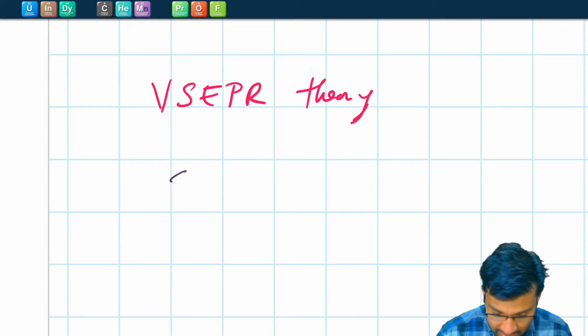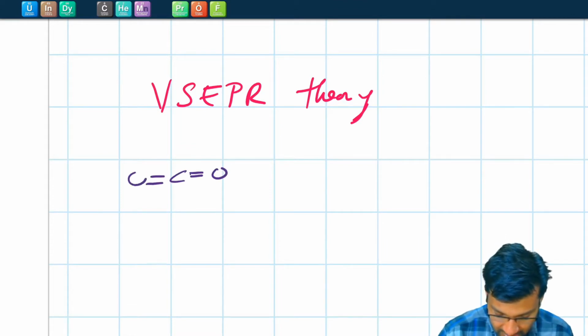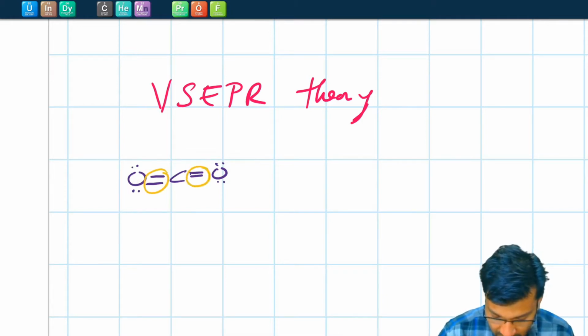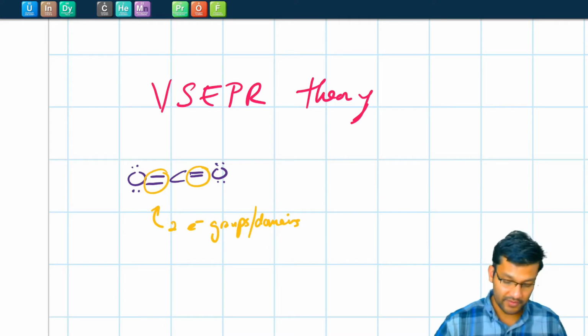For example, a carbon dioxide molecule like this, with all its lone pairs, has two double bonds, which means it has two electron groups or two electron domains. That will help us to figure out the geometry.